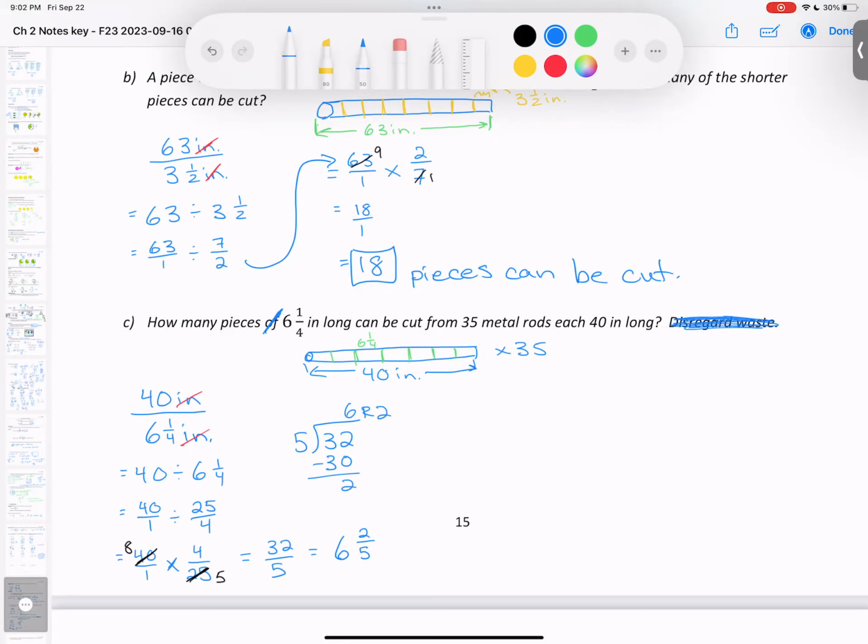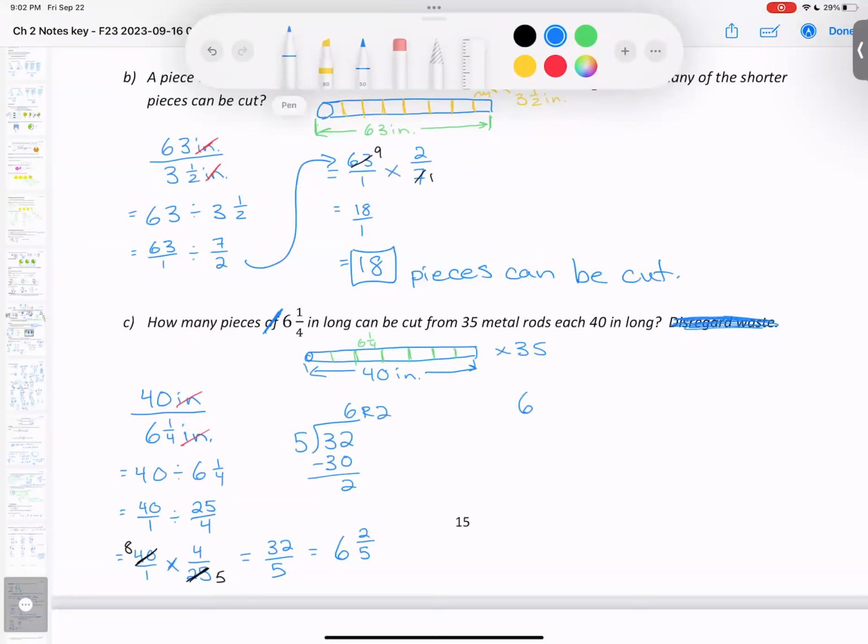Well, we want to know how many total pieces that are the length we want can be cut. So here we can actually only cut 6 pieces, 6 full pieces. So our answer then is going to be that 6 pieces we can cut from each rod multiplied by our 35 rods. Okay, maybe I'll write it in.